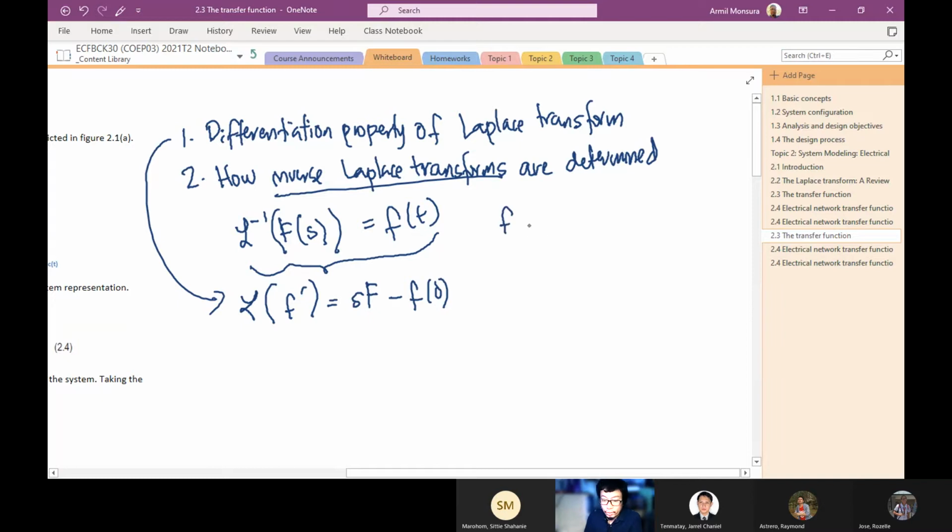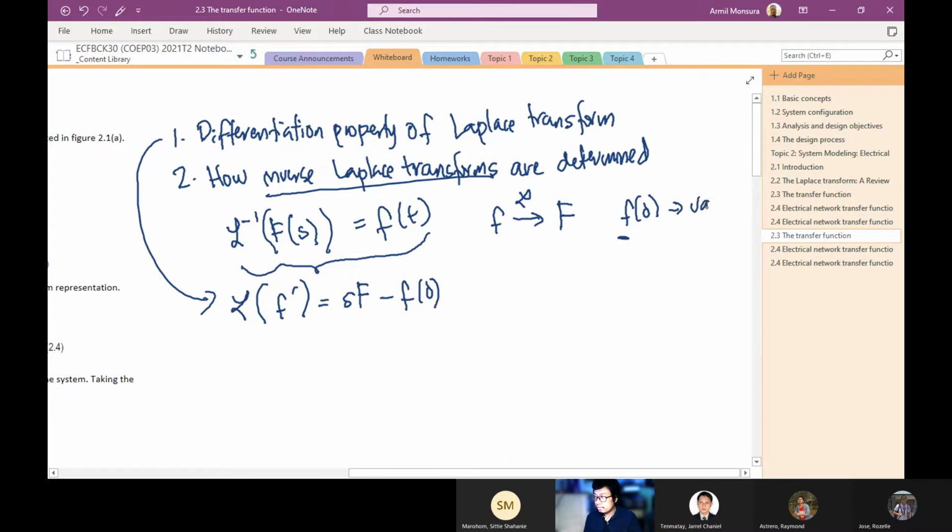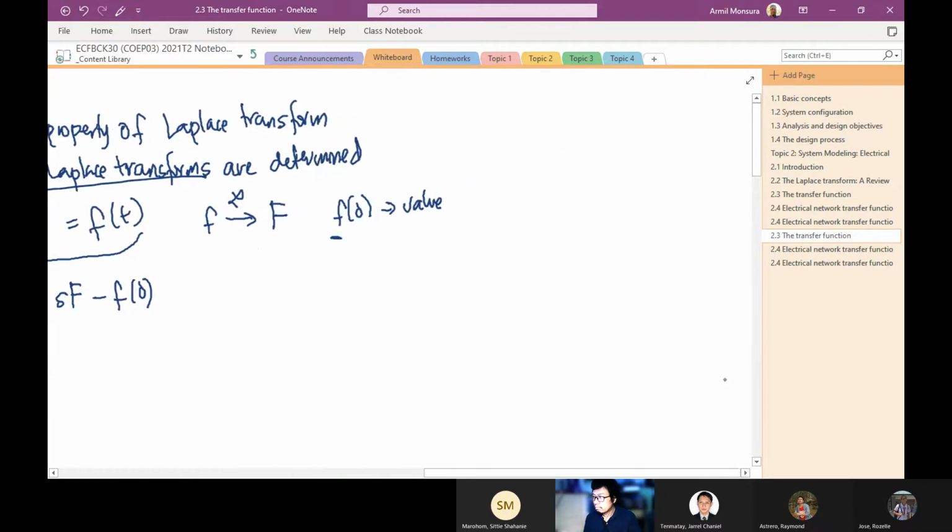Yung f yung given function natin in t-domain whose Laplace transform is F, yung uppercase F. Tapos yung f of 0, with this one being lowercase, is the value of the function f at t equals 0. Okay, that's how we interpret that notation. Okay, maliwanag ba?